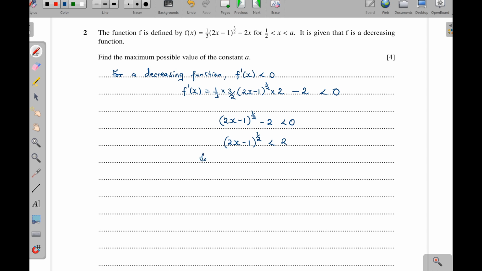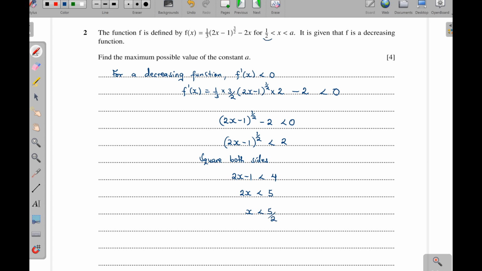Then I can square both sides, not so? So when we square both sides, we shall have 2x minus 1 less than, square the 2, you will get a 4. So make x the subject of the formula. We shall have 2x here, which is less than 5, and therefore x will be less than 5 over 2.